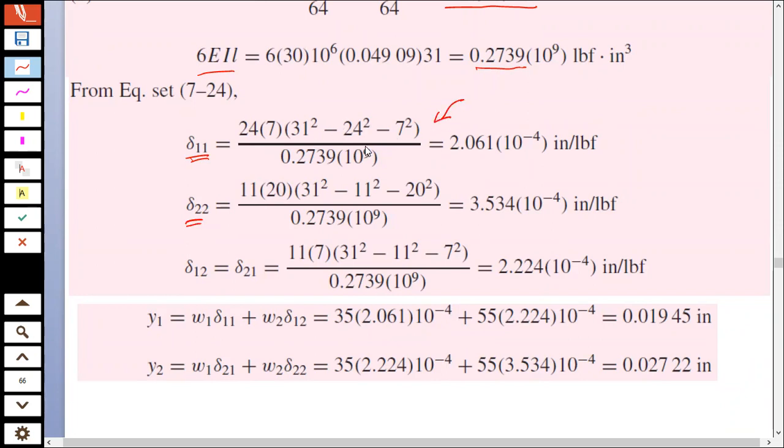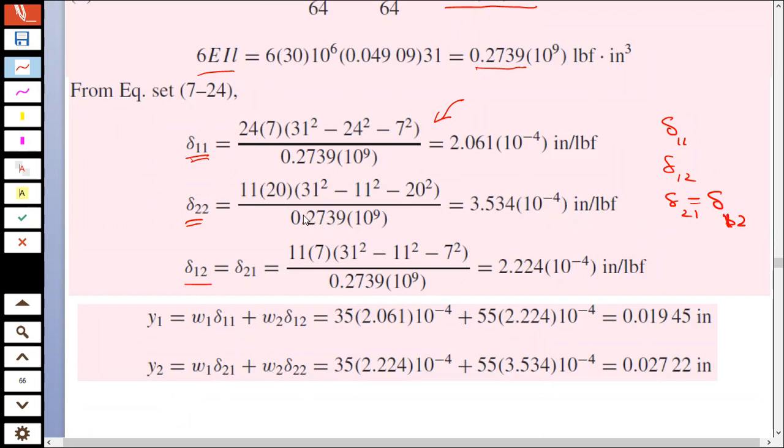So you have delta 1 1 and delta 2 2 now. Also, you will have delta 1 2 and delta 2 1. And you will have these three: delta 1 1, delta 1 2, and delta 2 1, which we assume is equal to delta 1 2.